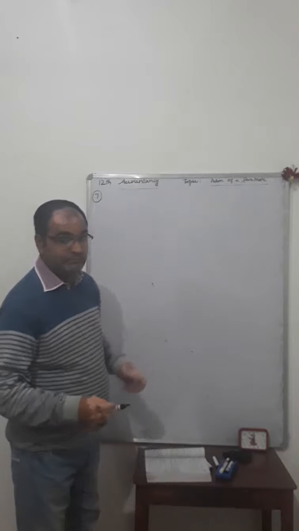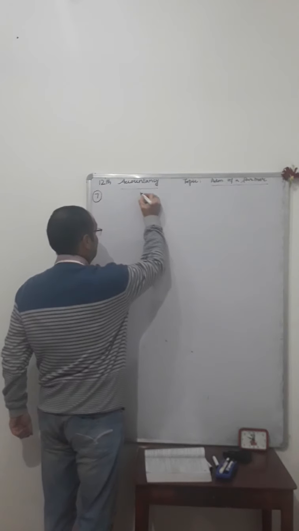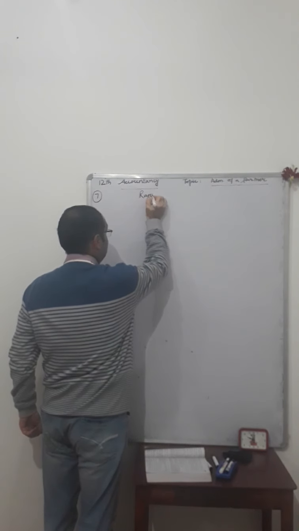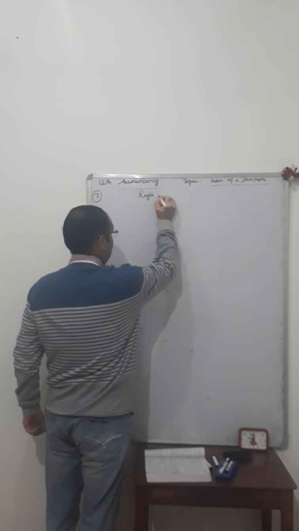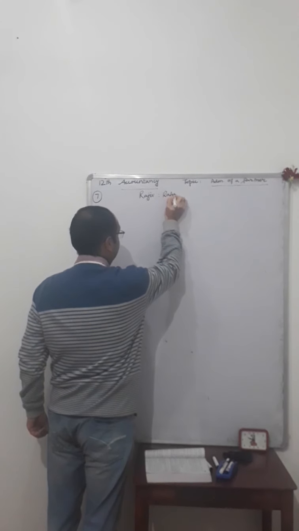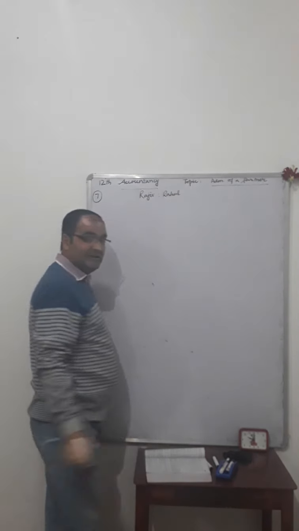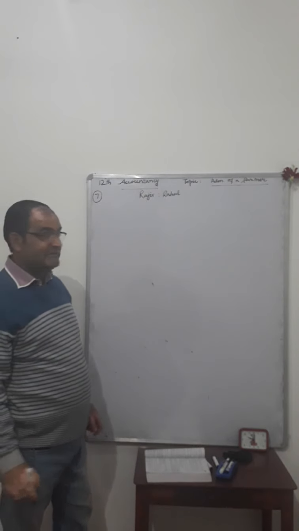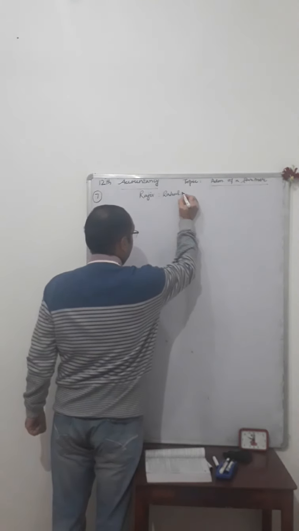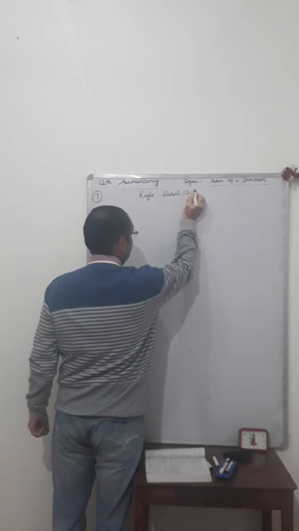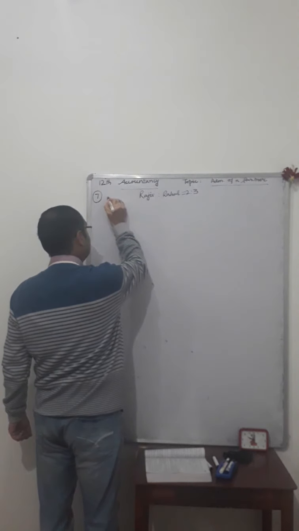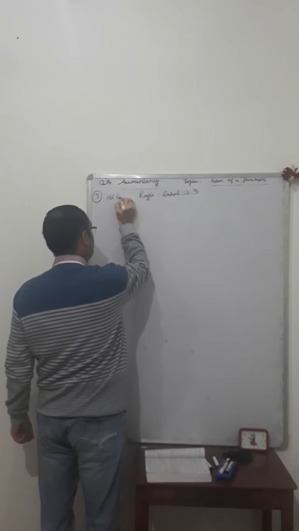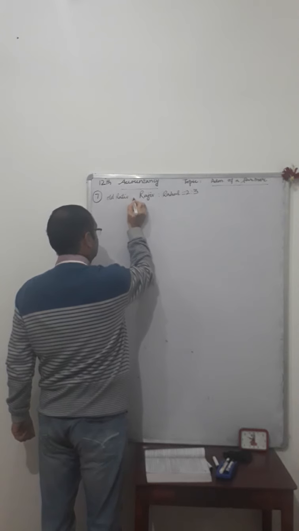We have two partners here, Raju and Rahul. They are sharing their profits in the ratio 2:3. That means our old ratio is equal to 2:3.